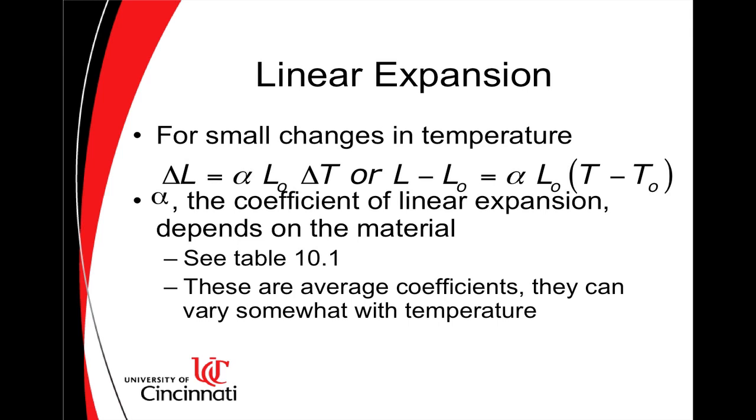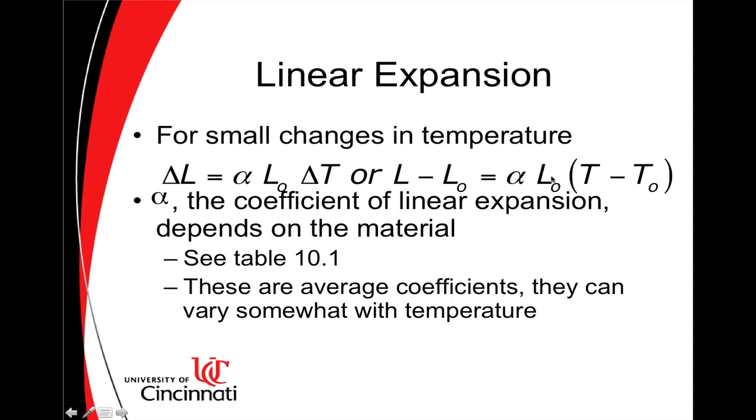So it turns out over large temperature ranges that the expansion of an object along a line is linear with temperature. So if you have a 10 degrees C change to higher temperature, it expands by a certain amount. And if you double the amount of temperature change, say to 20 degrees C, then the expansion is about twice as much. And of course it depends, just like when we talked about stresses and strains, it's a relative change of the length and depends on how much material you have.